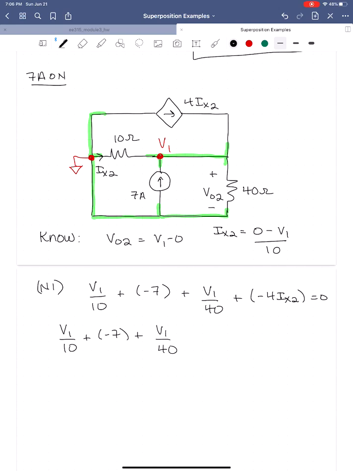We're going to have a minus 4 times minus V1, so this is going to be plus 4 times V1 over 10. And that's going to sum to 0.